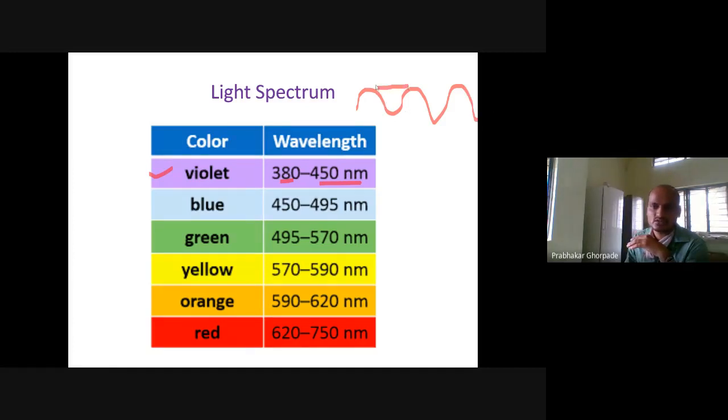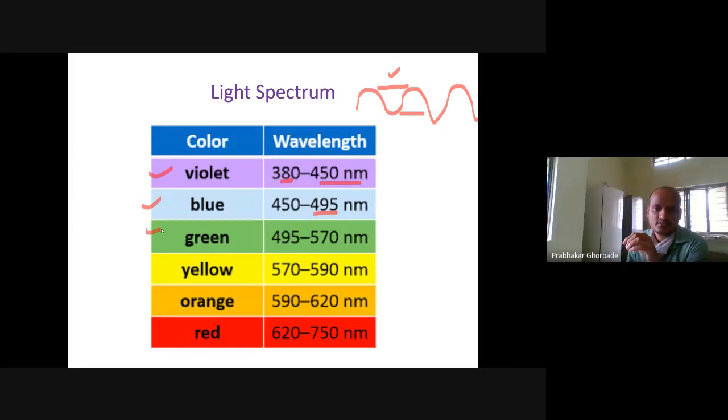So the distance between these two crests or these two troughs, we call the wavelength of the light. If you measure this distance for violet light, it should be 380 to 450. So it can be 380 nanometer. If this distance is 380 nanometer, the light color will appear as violet. If it is 495 nanometer, the light will appear as blue.